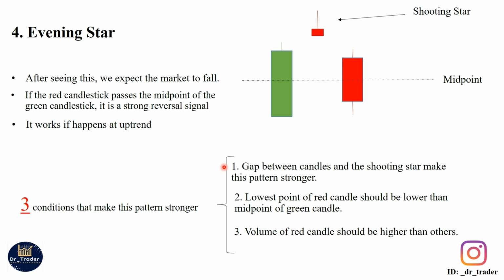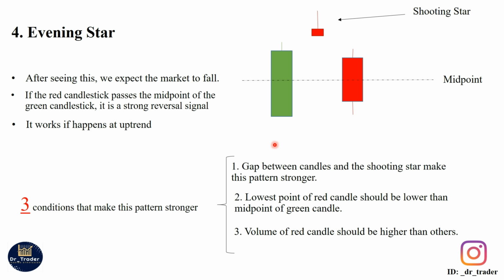And there are some conditions for the evening star that make this pattern much stronger. For example, the first one is the gap between the candles and this shooting star. The bigger the gap between these two candles and the shooting star, the stronger this pattern would be.